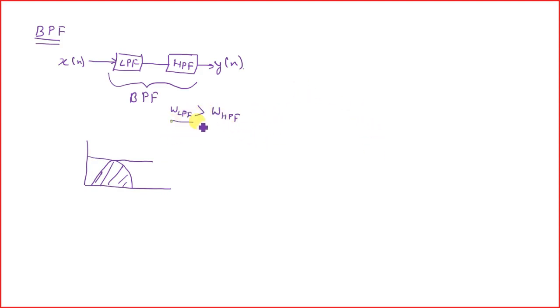Okay. Now if this criteria is not met, then what would happen? You pass the low pass filter, you get this region, then the higher frequency components get rejected. You go into the high pass filter, its characteristic is this one. Here there is no signal altogether.